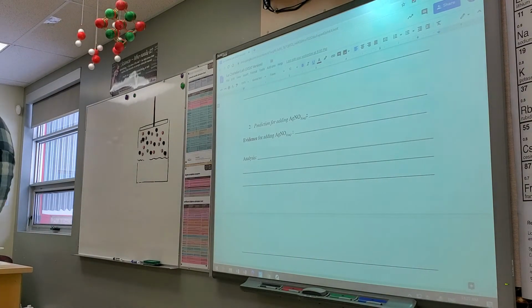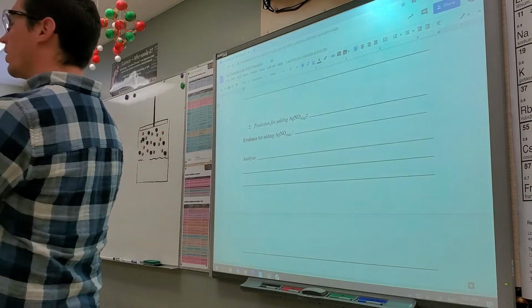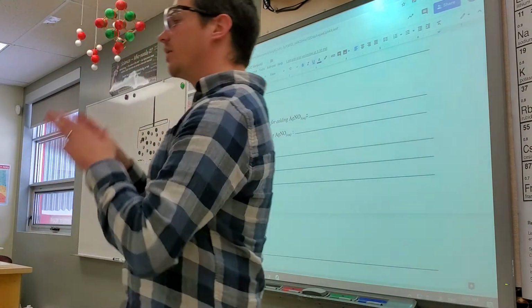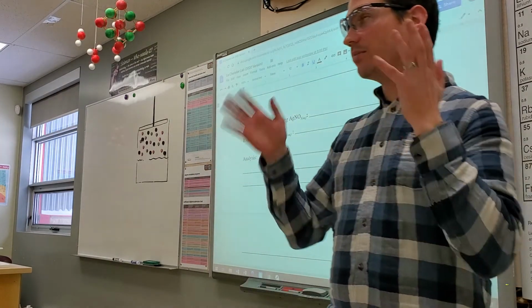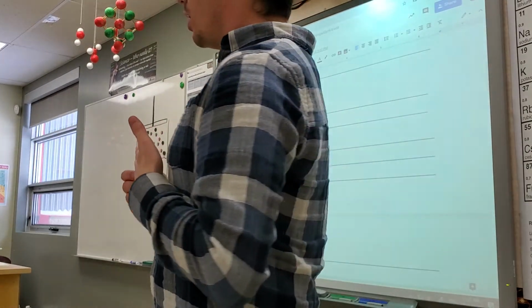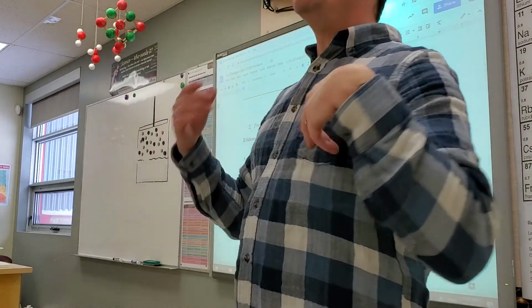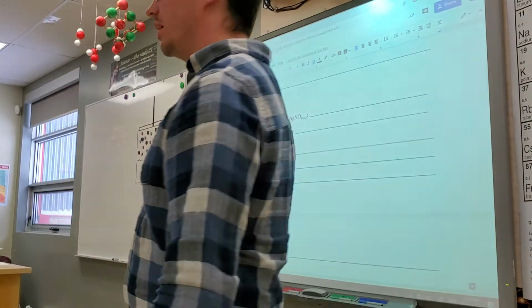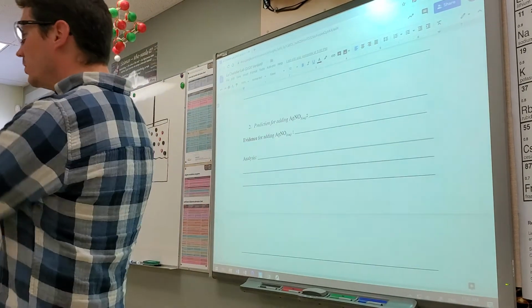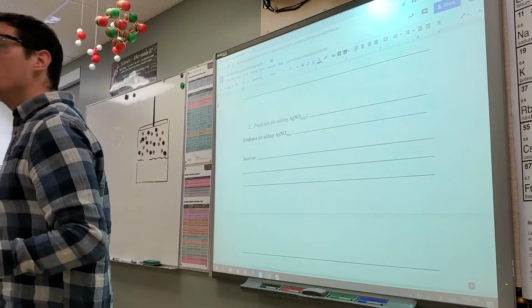If you get silver nitrate on your hands or your clothes, it will turn your hands brown and it will turn your clothes black. Okay? So, it's mandatory that you wear these, right? Very much mandatory. But if you want to wear an apron too, I wouldn't be opposed to that.